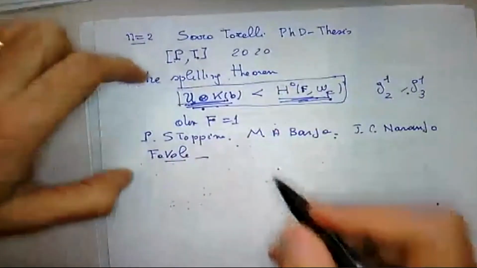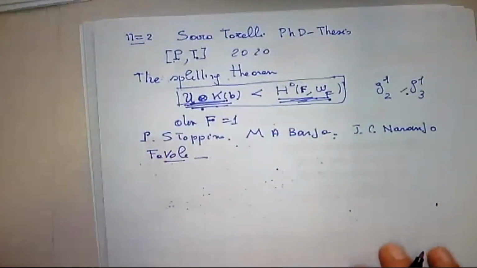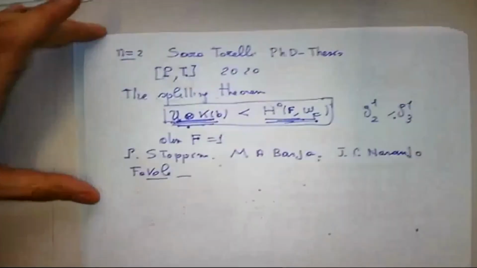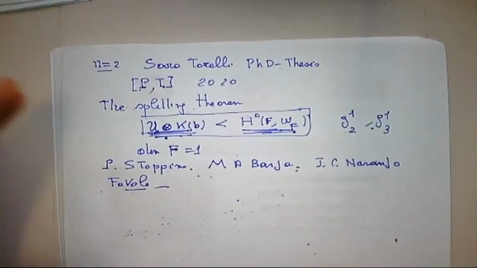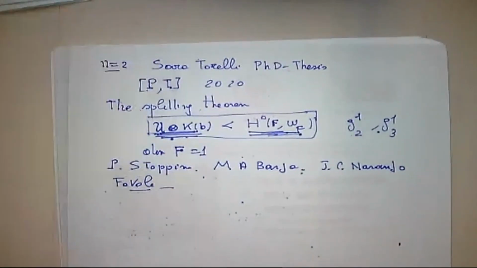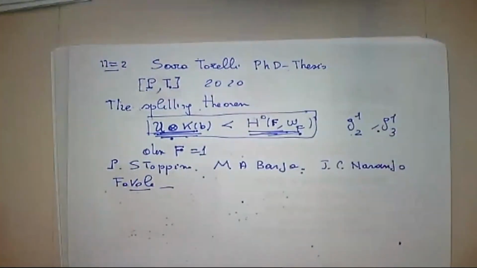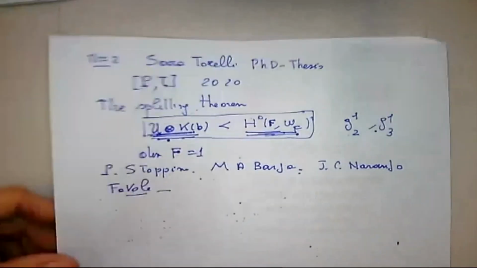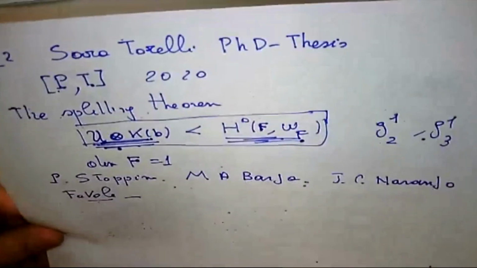But the new fact of fibration theory in the last years, in my opinion the most important, is exactly the splitting theorem in the case n equal 2 by Sara and Gianpietro. I don't know why they published not in a very, very top journal, but I don't want to enter referee minds.